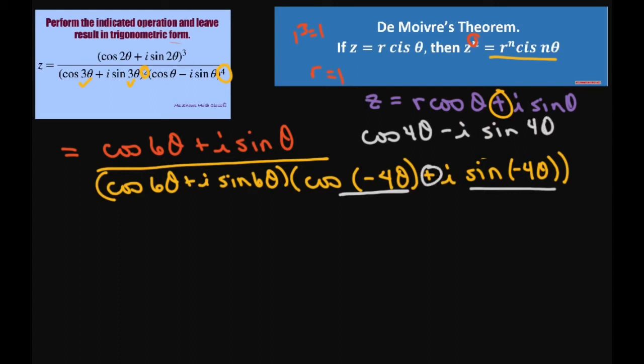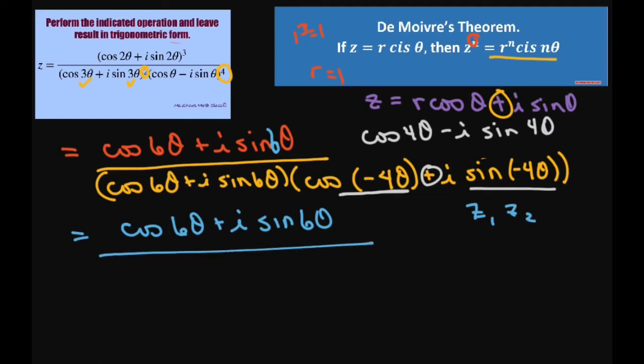Now, we still have our numerator, so let's copy that down. We have cosine of 6 theta plus i times sine of 6 theta. There's your 6. All right. So basically, when you're multiplying z, let's call this z1, times z2, all you're doing is adding these angles when you multiply.